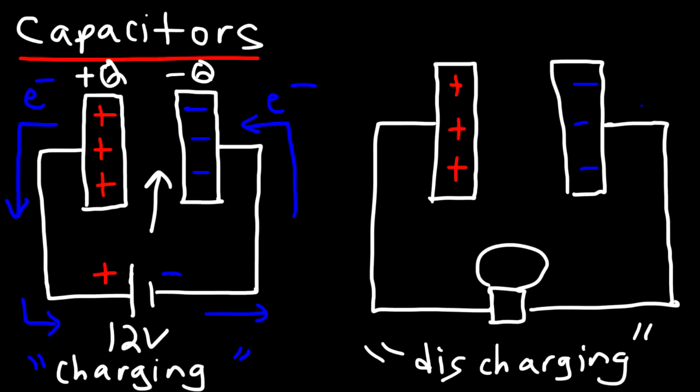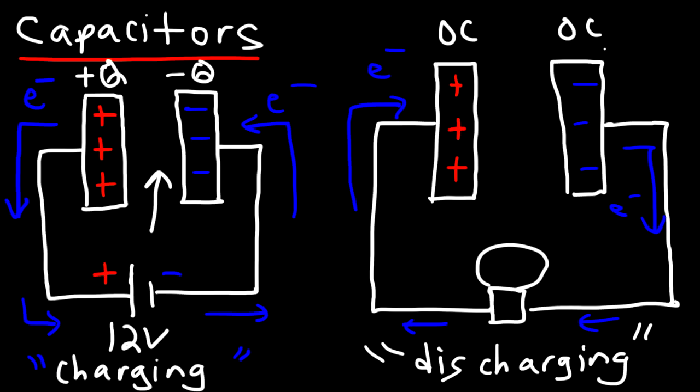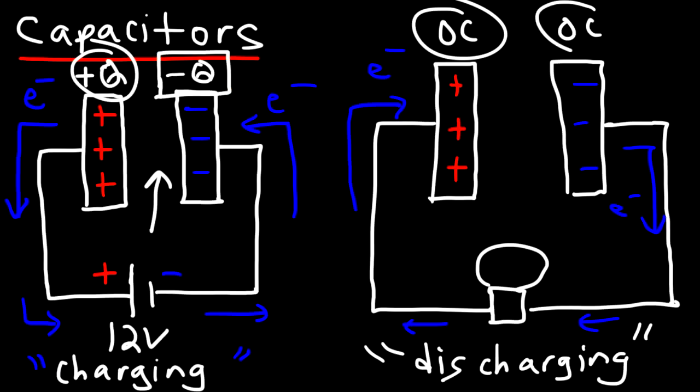Now the electrons in this circuit will flow from the negatively charged plate to the positively charged plate until the charges become zero. This is going to continue to happen until the charge goes from positive Q to zero. While this is happening, this is going to change from a negative Q to zero.